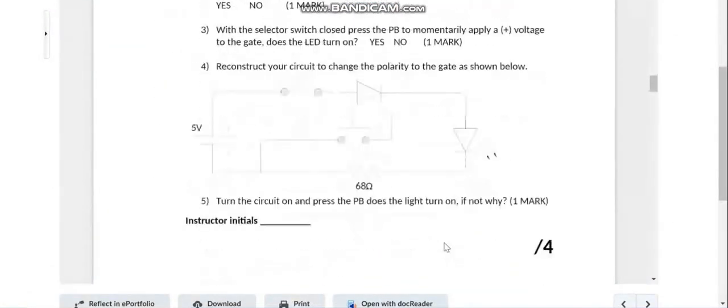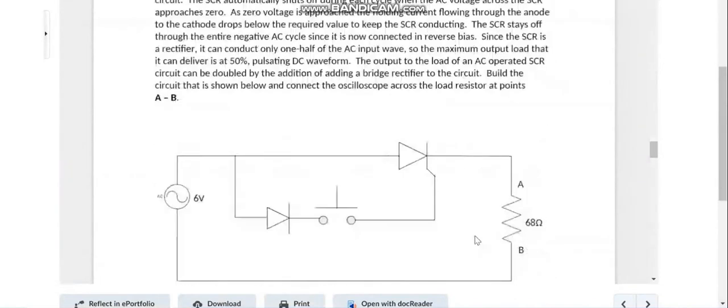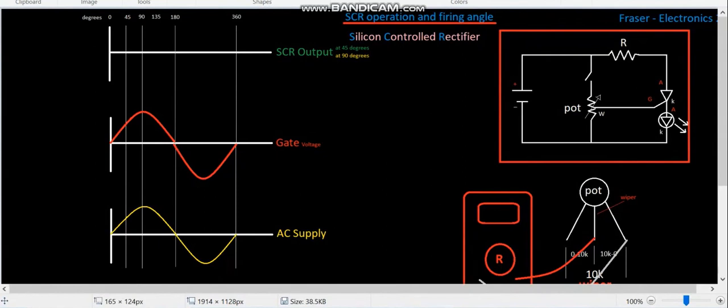So that gate is seeing nothing, because that diode is blocking it. And then it isn't until it gets to this point here again that the current's going to start pulsing in the positive direction again.